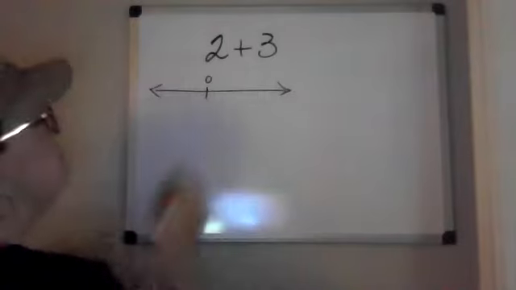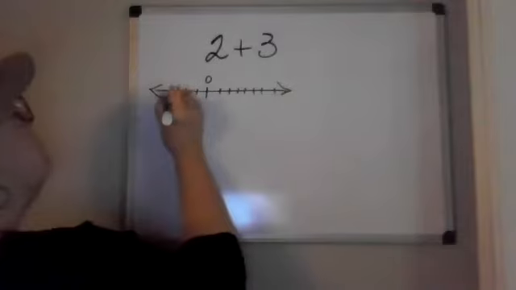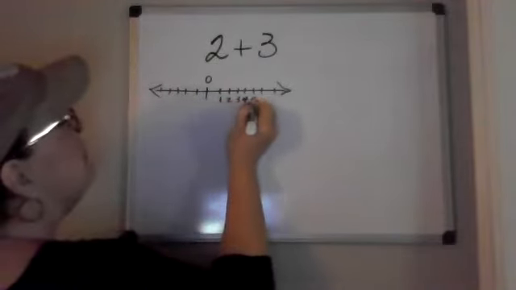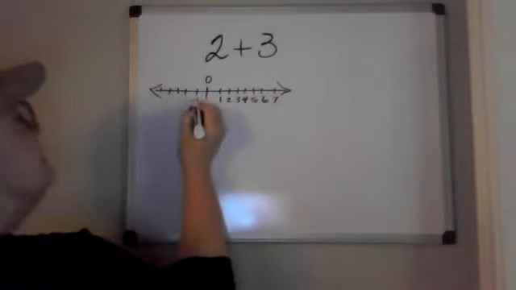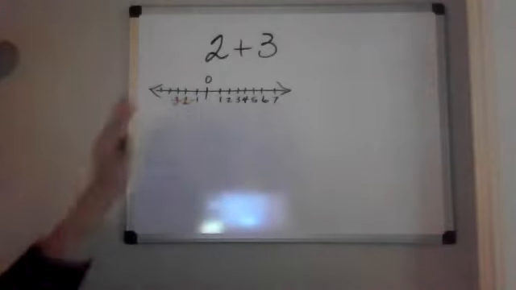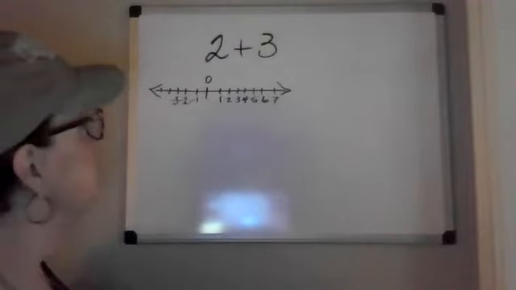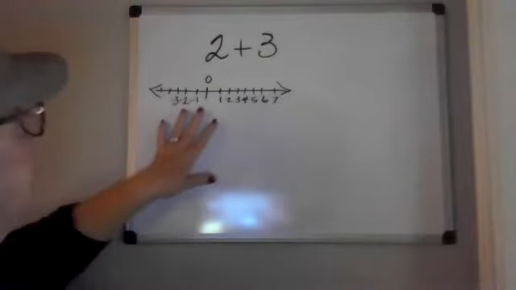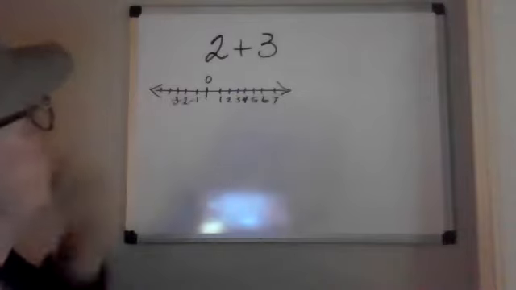Here's the 0. 1, 2, 3, 4, 5, 6, 7. And then on the other side of the 0 is -1, -2, -3. I would encourage you to remember how to number this, because some of the worksheets that I sent for you today are going to ask you which is larger, -2 or 1.